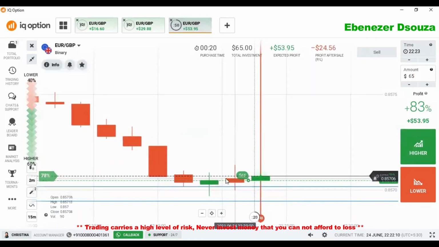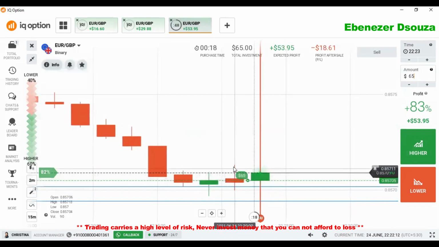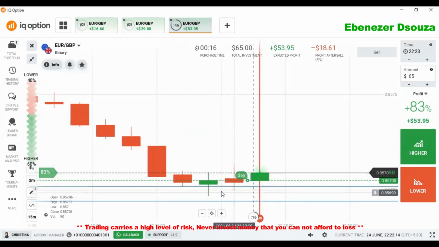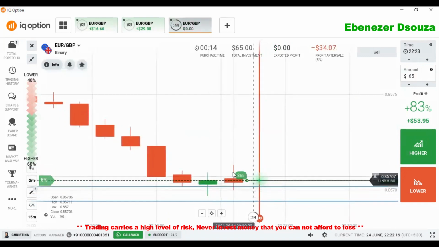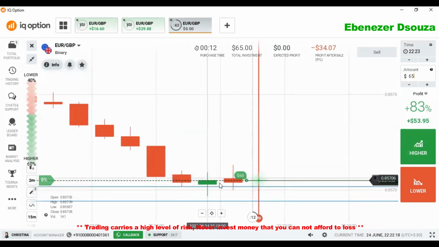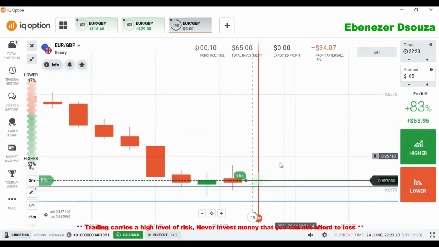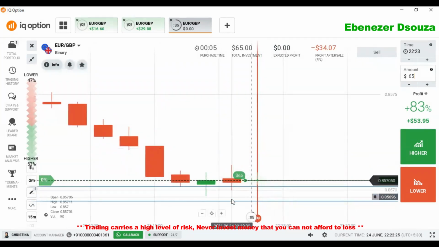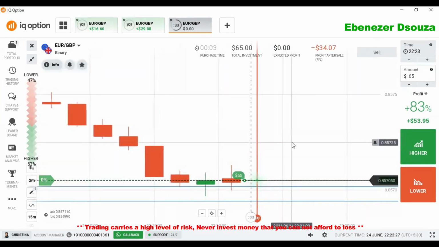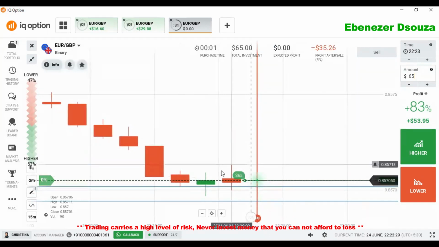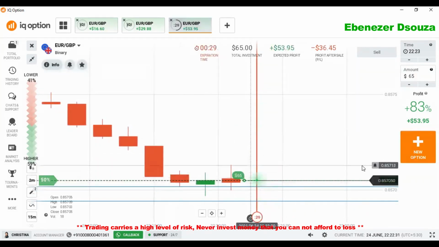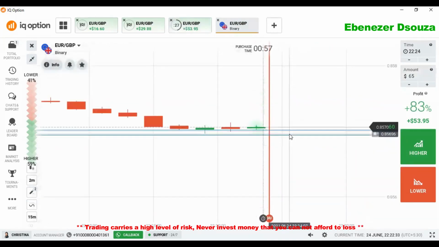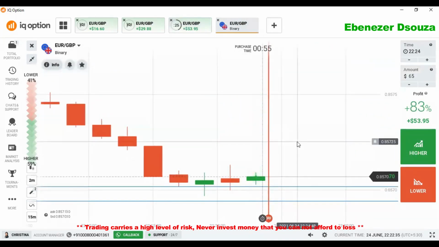This candle is not a strong candle and it made a new high from the buyer's area. So from the buyer's area we are seeing a new high, which means buyers are very strong at this area, so buyers will try to enter at least for one candle from the buyer zone, because already we are seeing buyers' entry and sellers became very weak at this point. At this point also sellers became very weak. That's why I placed a higher option trade here.